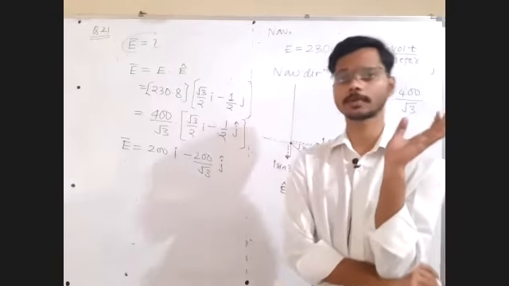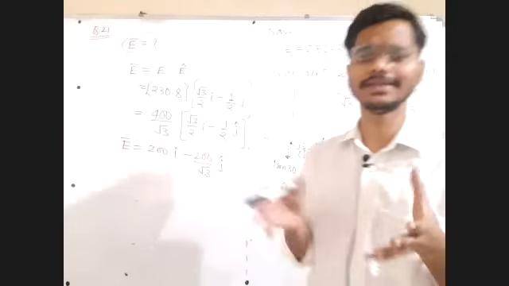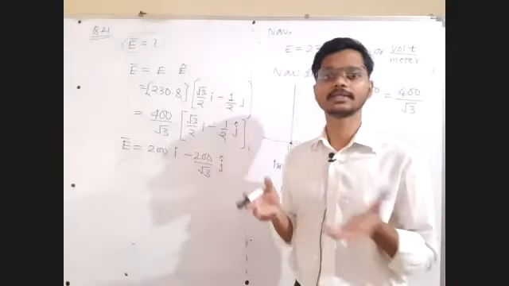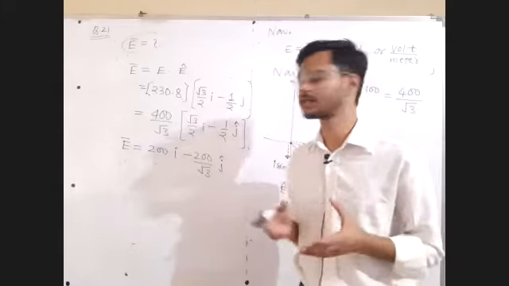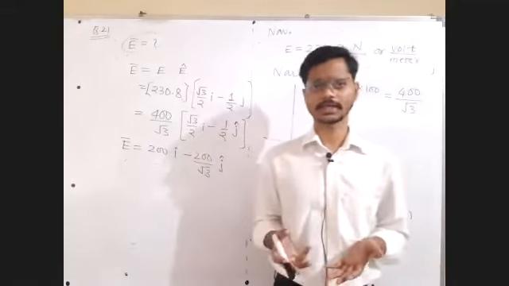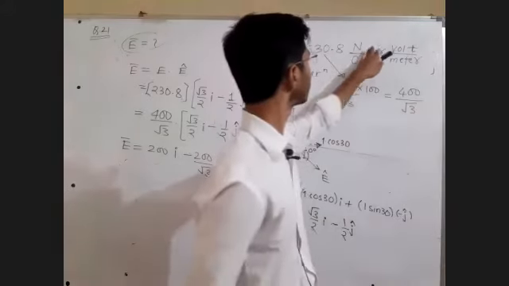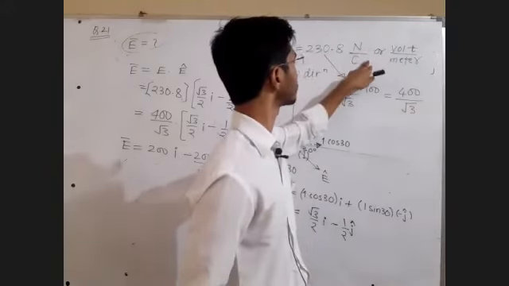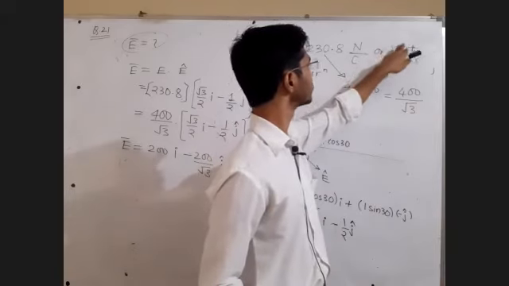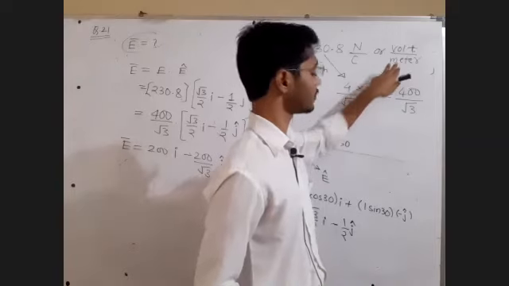Potential difference upon perpendicular distance between the equipotential surface is equal to minus dv by dr or minus delta v upon delta r, because the electric field is uniform. Find dv by dr, or delta v upon delta r, doesn't matter because electric field is uniform.